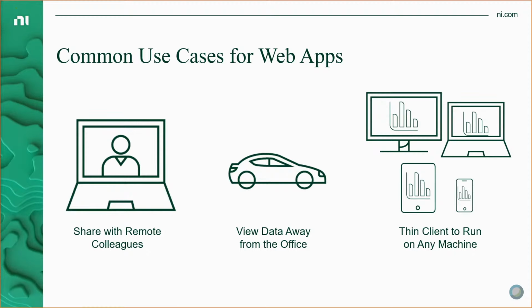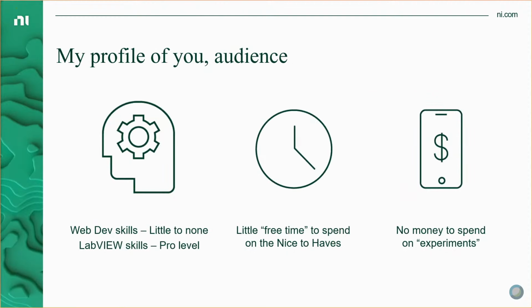A thin client technology is really what helps us do that. It means you can use your desktop computer, a Mac, an iPad, a phone, maybe someday a watch, I don't know. The point is, when we're choosing technologies, we want to use things that go everywhere and don't have limitations, such as big plugins you may have to install. We don't have any of that going on in this web module technology.